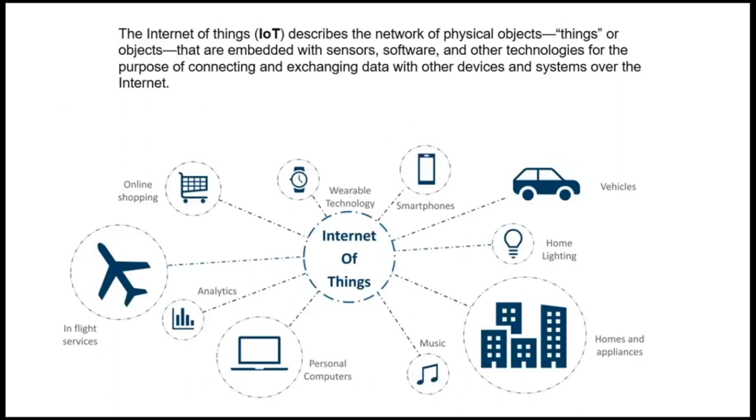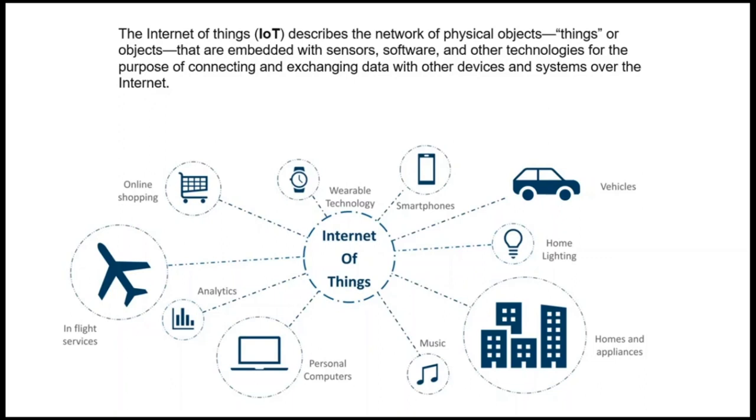So IoT means it is the physical network where different objects are connected because they have sensors, software, and technologies. For instance, these days you can operate your air conditioner also with your mobile. Also, there are so many things that are connected. For example, your smart watch is connected to your mobile.